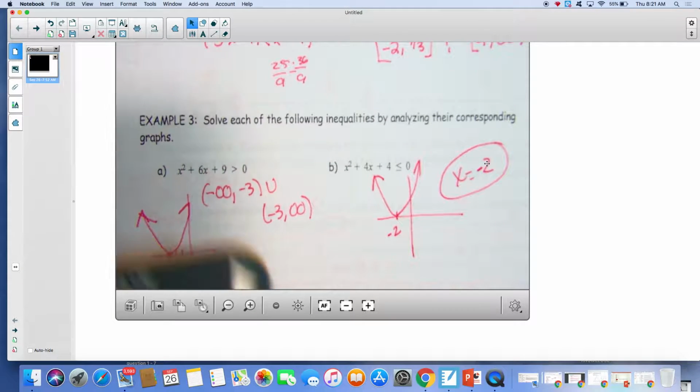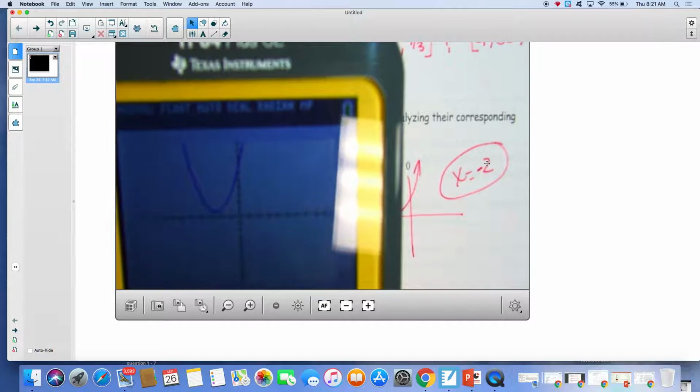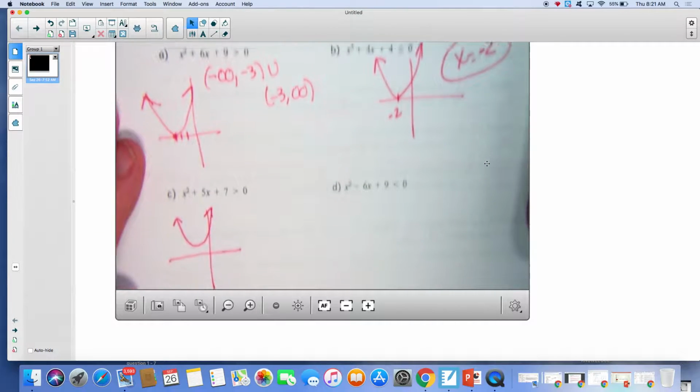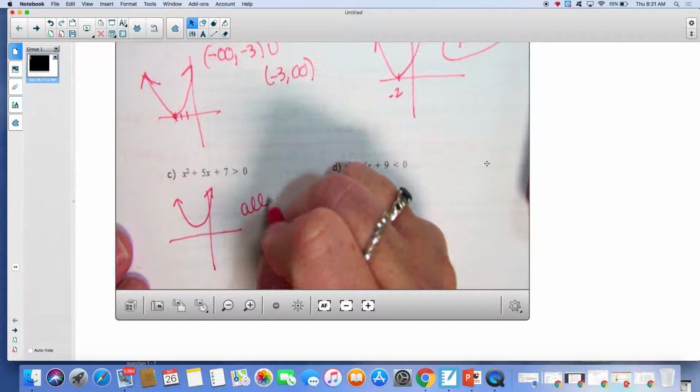For this one, when I do the graph, the vertex is above the x-axis, somewhere here. So when will this graph be greater than 0? Always, so this would be all reals.